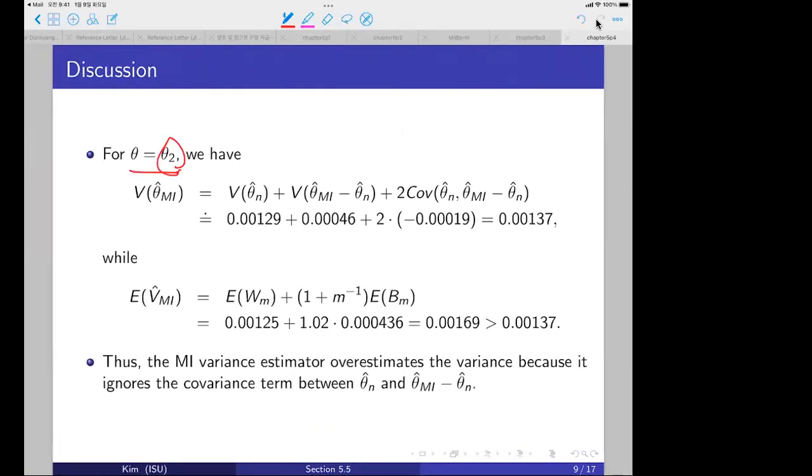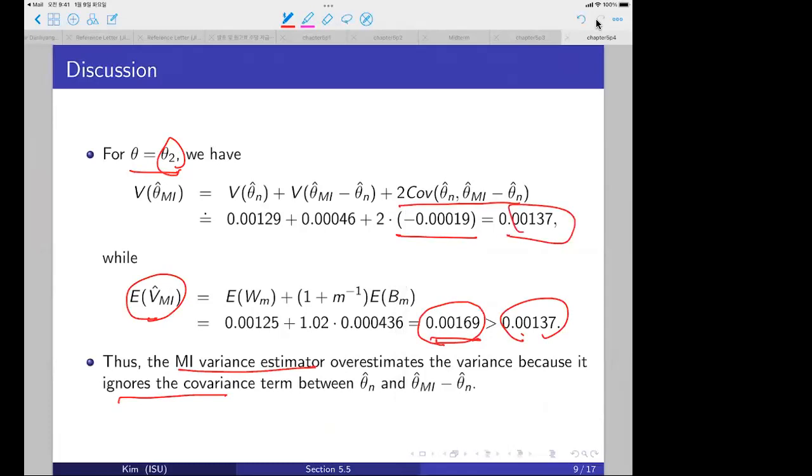For theta 2, we actually have a covariance. Basically the covariance is ignored in Rubin's variance estimator, which gives overestimation. This is what Rubin's variance formula gives in expectation, and this is the true variance.